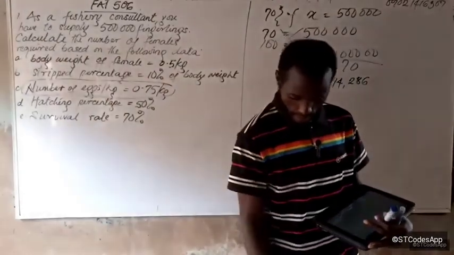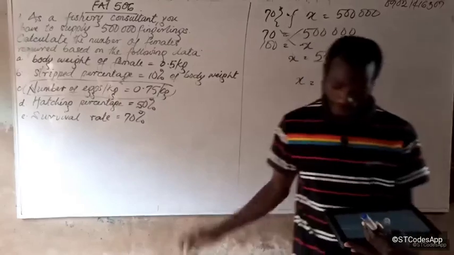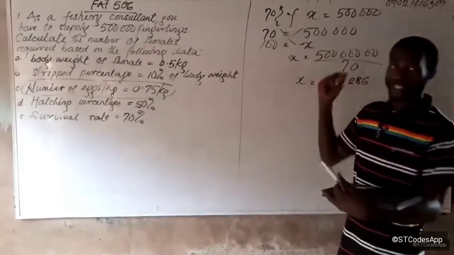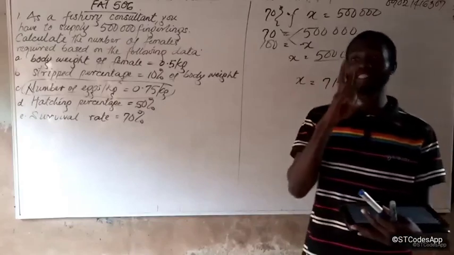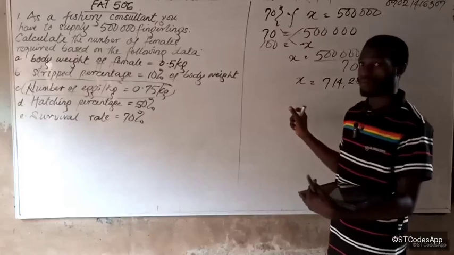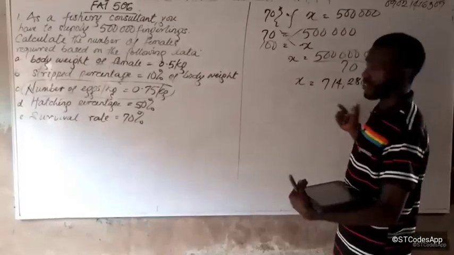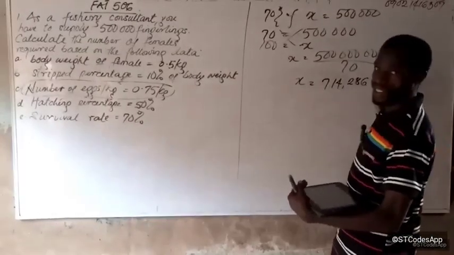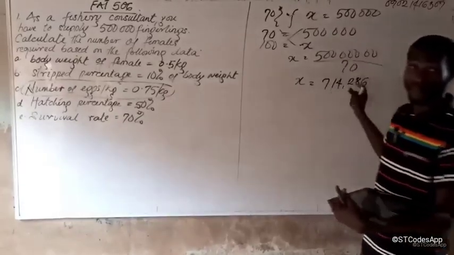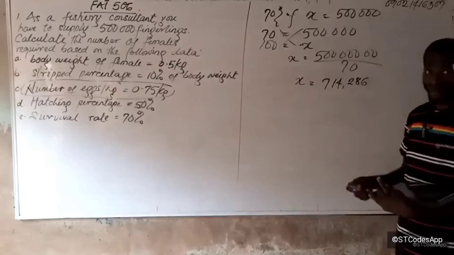Approximately 714,286. I'm approximating my values here, but for the sake of the exam, approximate to two decimal places. I'm trying to make it as sensible as possible. It doesn't make sense to say point something eggs. So we are just approximating to absolute values. Is that okay? All right.